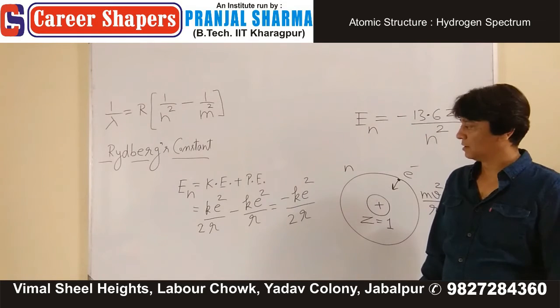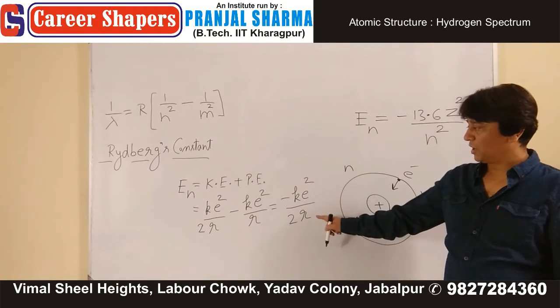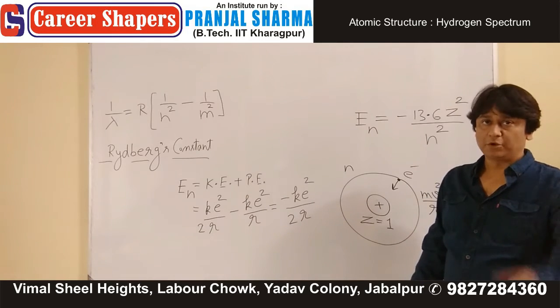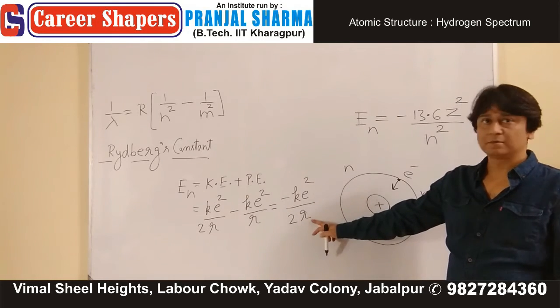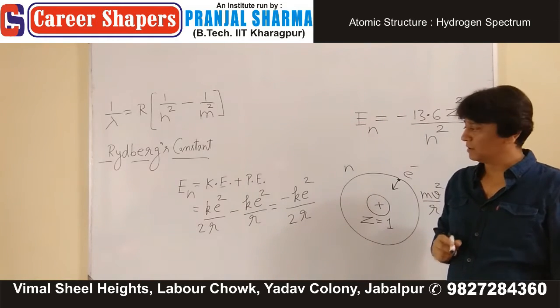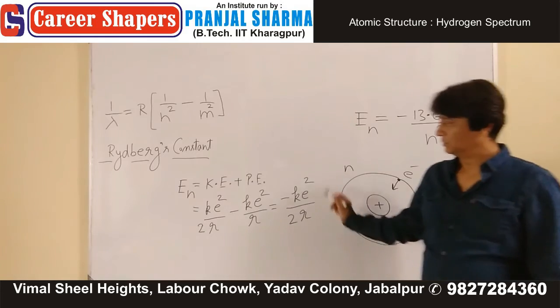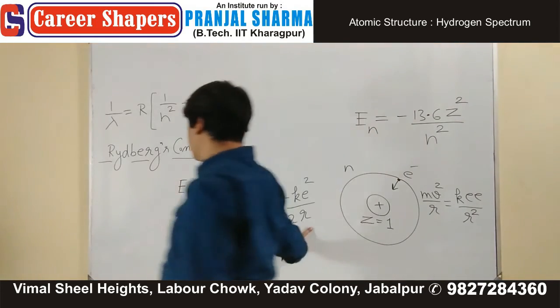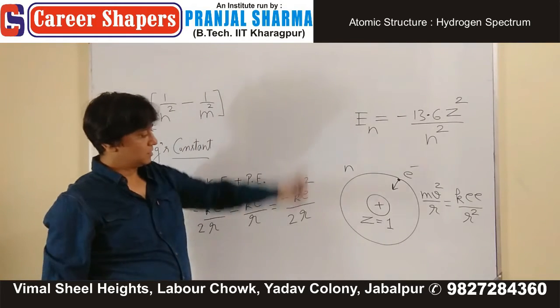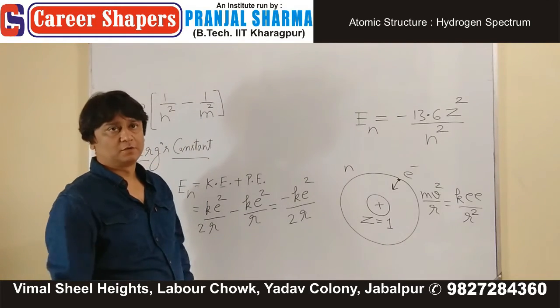Energy. This is energy in terms of r, but you know how to convert this r in terms of n. Once you convert r in terms of n, you can answer the question.